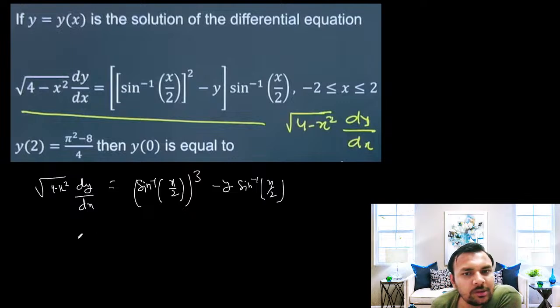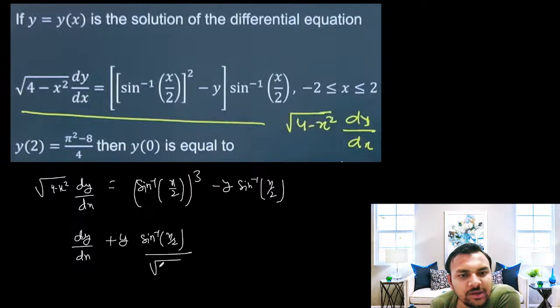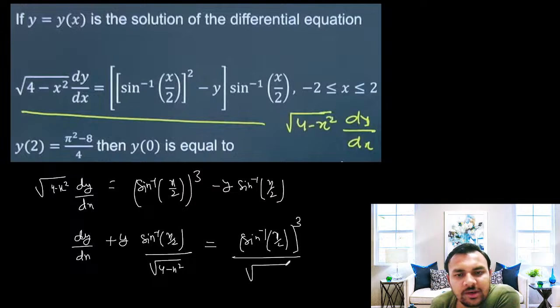So we have dy by dx plus y sine inverse x by 2 upon root under 4 minus x square equal to (sine inverse x by 2) whole cube upon root under 4 minus x square.